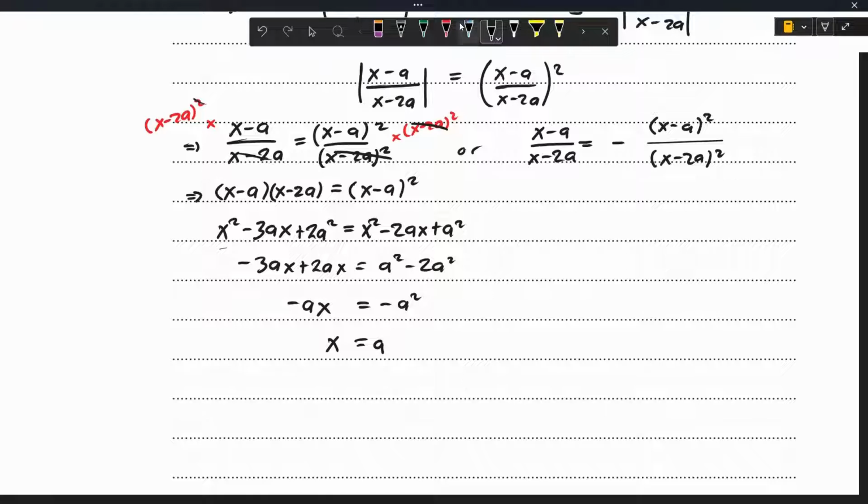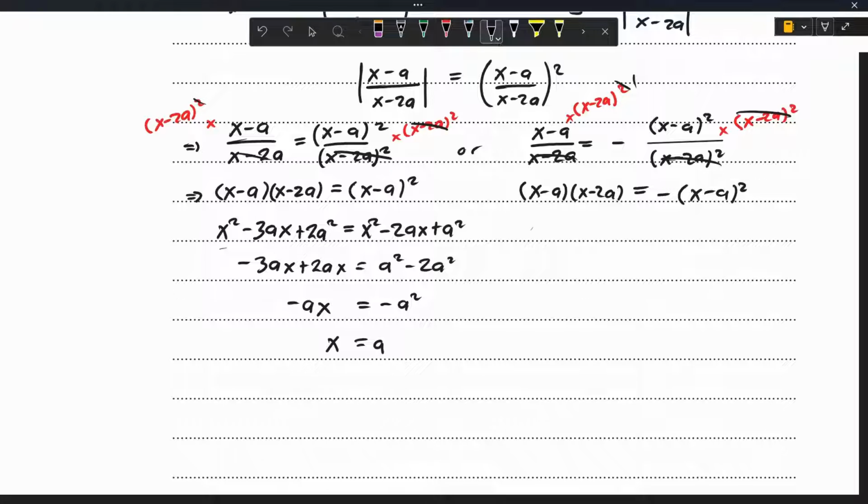On the other part, we're going to multiply both sides by (x minus 2a) squared, and this side again by the same. And when we do, we will be having on the left side (x minus a)(x minus 2a) being equal to minus of (x minus a) squared.